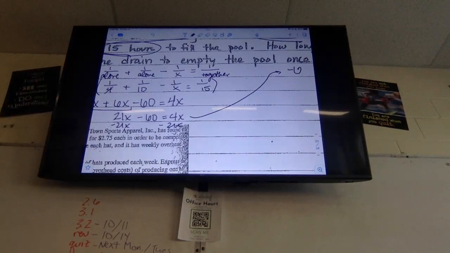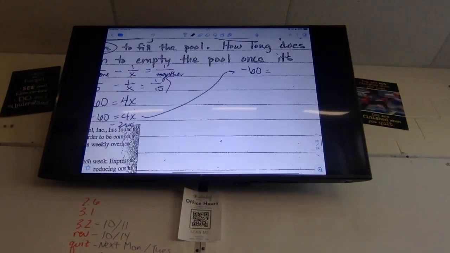Which might seem kind of silly because I've got a lot of negatives going on, but negative 60 is going to be equal to negative 17x. And I can divide by negative 17, and negative divided by negative is a positive, so it will all work out in the end.